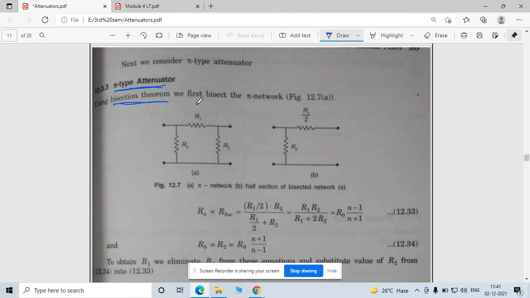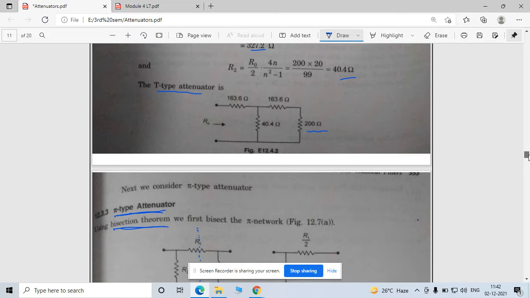Now see, you can divide from this. Once you divide, this is half of your circuit, and this R1 is divided by 2. Now realize this circuit in the form of the lattice network.